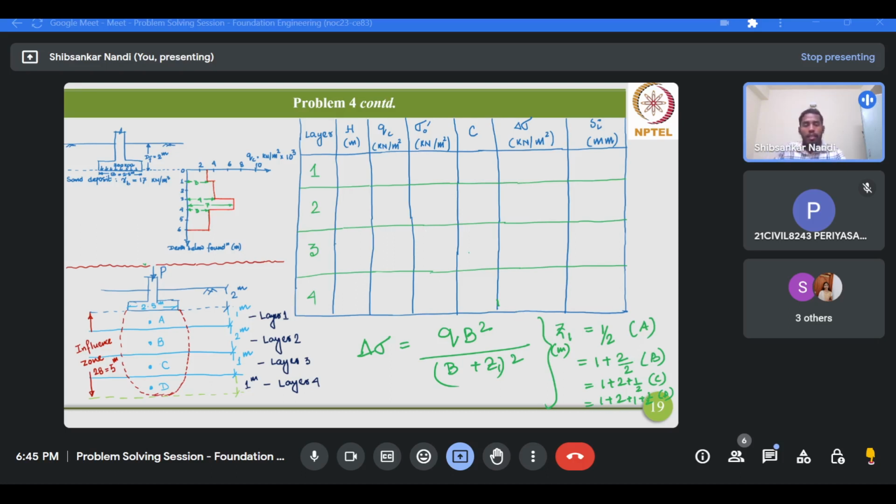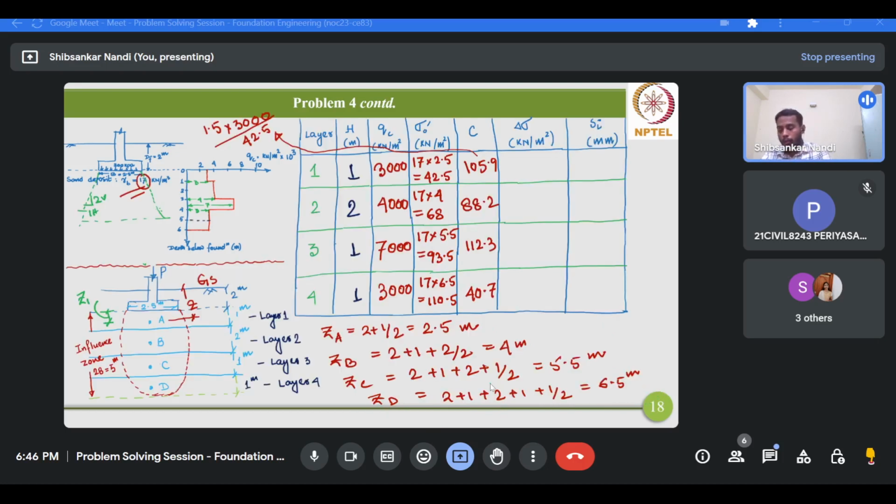So this delta sigma will be 200 multiplied by 2.5 square divided by (2.5 plus z1) square. Now we will calculate the delta sigma value. 200 into 2.5 square, that means the load which is acting, is 1250 kN, and this load we have to divide by the dispersed length at the concerned level.